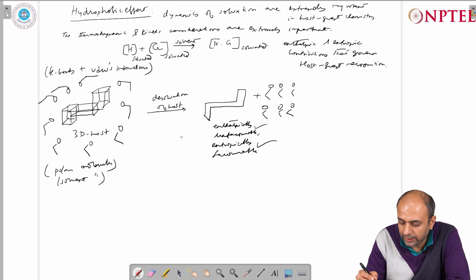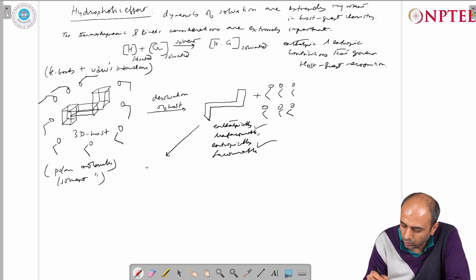As we have already realized that the host must now get pre-organized because it is a conformationally flexible host. Therefore, now there has to be a change in the conformation, and the host now rearranges into a different conformation or the more active conformation before it will encapsulate the guest.